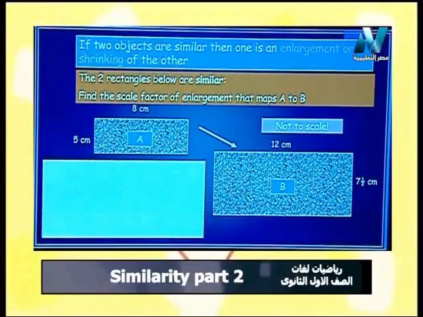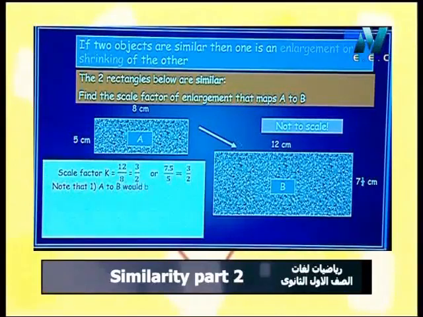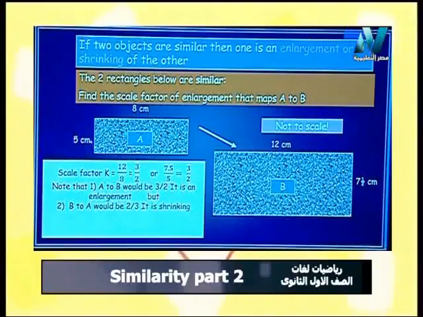We will find the scale factor K. Scale factor K equals 12 over 8, or equals 7.5 over 5, because 8 corresponds to 12 and 5 corresponds to 7.5.